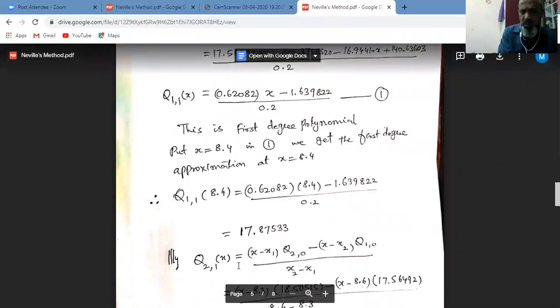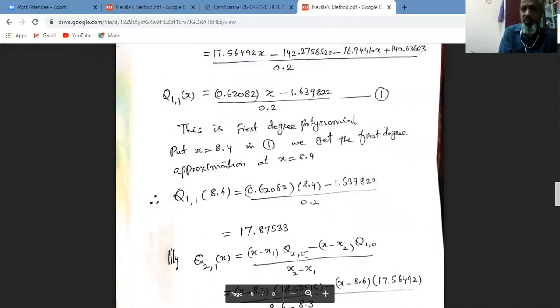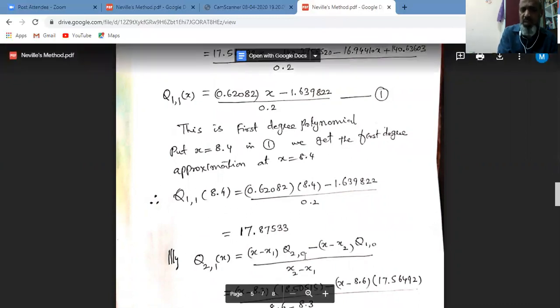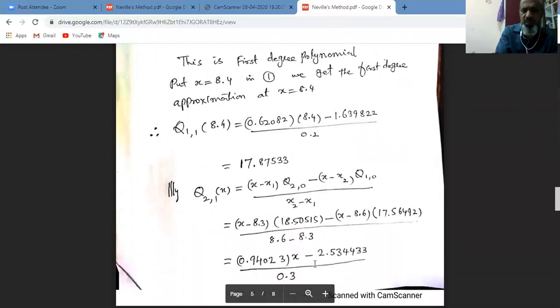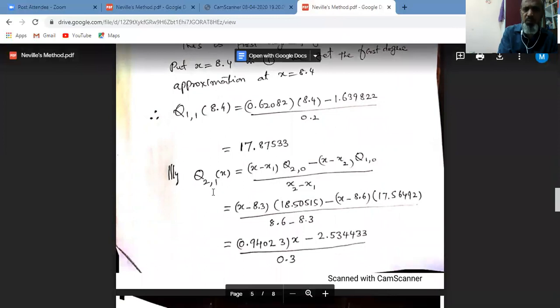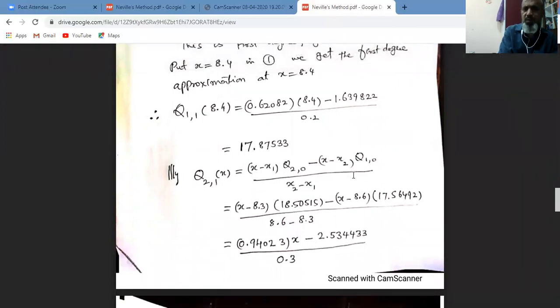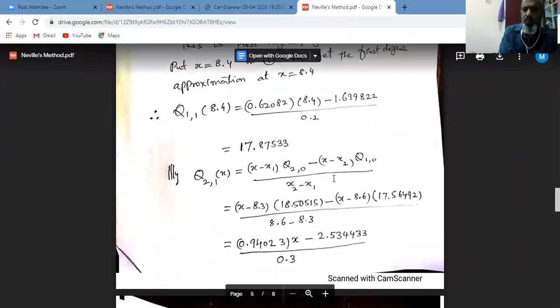So q21(x) is equal to ((x minus x1) q2,0 minus (x minus x2) q1,0) by (x2 minus x1). This is only by substituting the values of i is equal to 2, j is equal to 1, we get this first degree polynomial, q21(x).